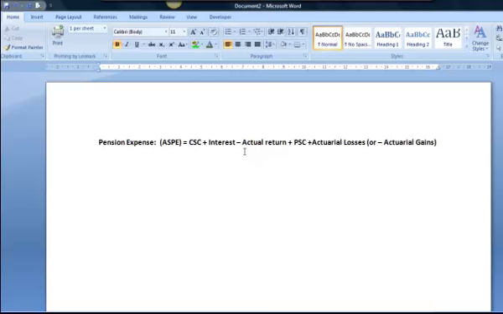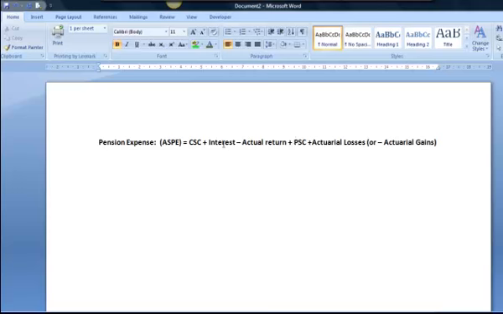There's also interest costs that we have to calculate as well. And interest accumulates on any debt you have. Well, the amount of debt that a company would have would be the value of the accrued benefit obligation plus any past service costs that they might have at the beginning of the year.